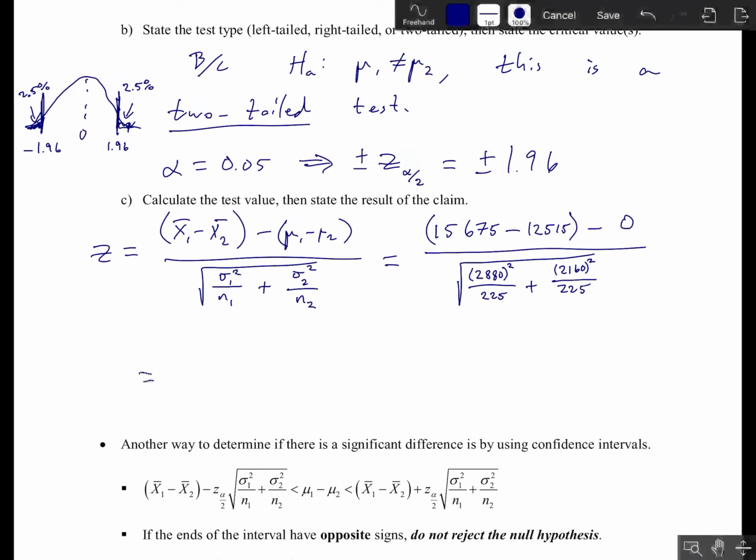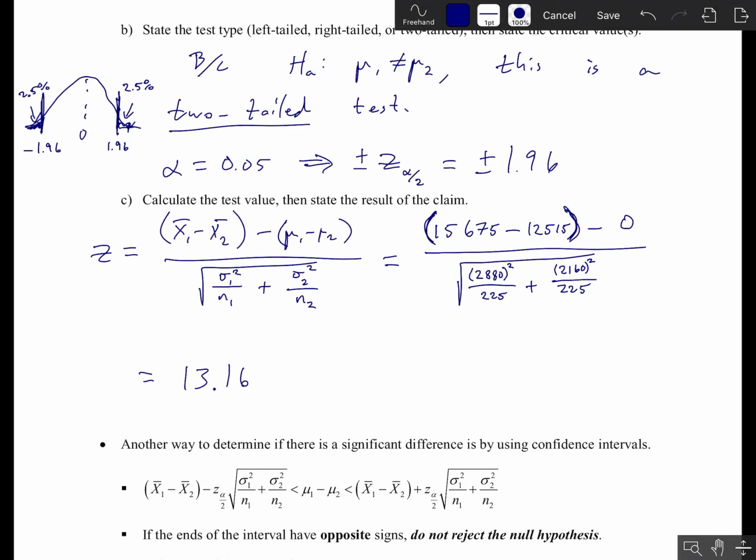I would recommend parenthesizing this numerator just to make sure that the calculator understands what's going on. And you can leave off this 0 term whenever you plug in. So either way, whenever you compute this, you should get 13.16. So this is the test value that we get.